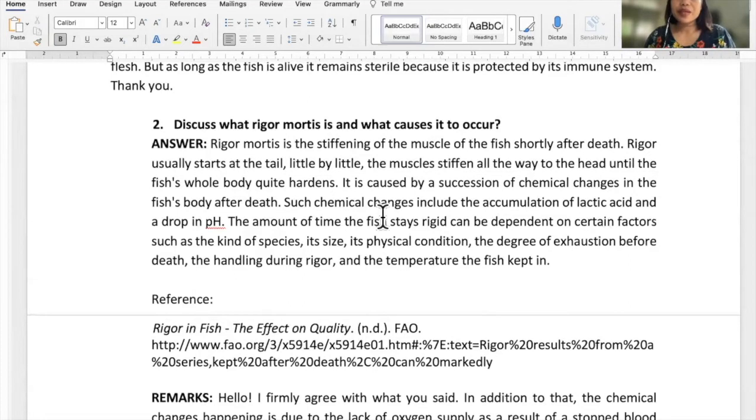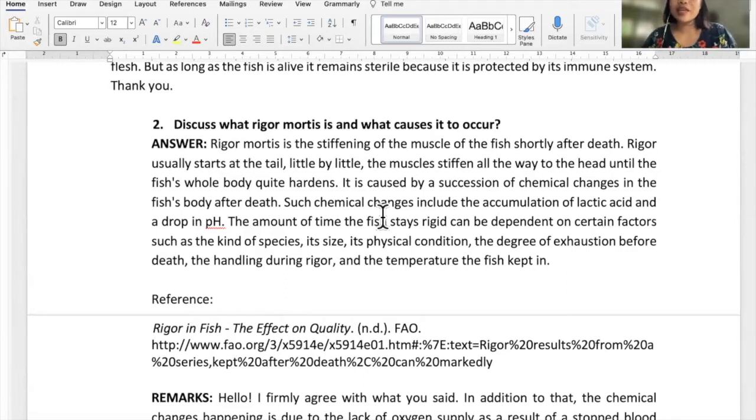Okay. And it is caused by a succession of chemical changes, and such changes include accumulation of lactic acid and a drop in pH. But take note, when the fish dies, the circulation or blood circulation rich in oxygen also ceases.